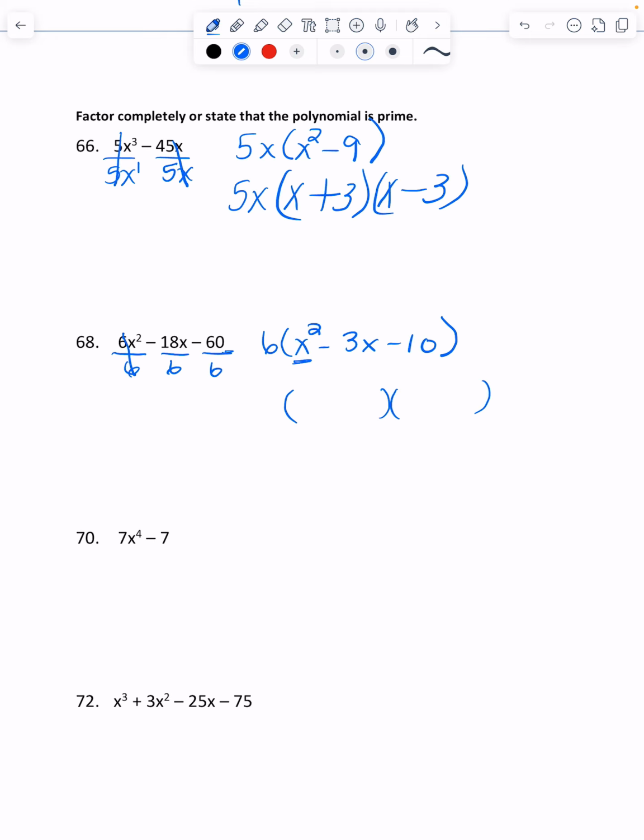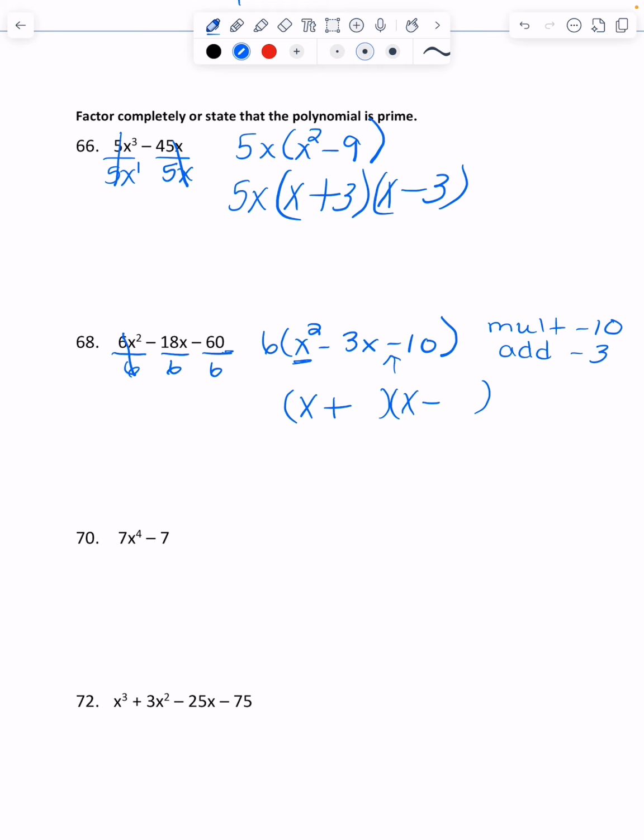I plug in my signs based on my trinomials. If the third term is negative, my signs are plus minus. How do I break up x squared? x times x. And the rule here is what 2 numbers multiply together to give me my last term, in this case negative 10, and add together to give me my middle term, negative 3.